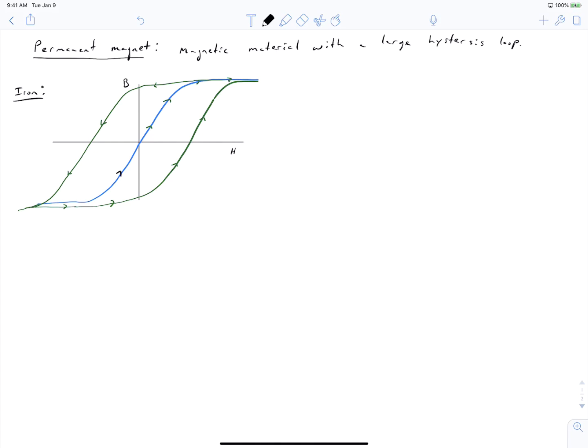And the basic idea of a permanent magnet is that we always stay within this region up here, so that when we're applying no H field, we have some magnetic state. And so basically a permanent magnet is a material that has been optimized or improved to stretch out this region.